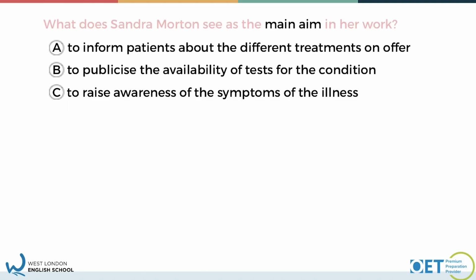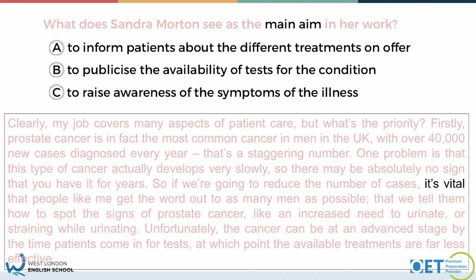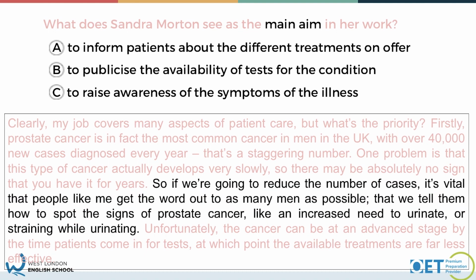See here, the question, what we needed to focus on was the main aim of Sandra's work. That's what we needed to identify. What is the main aim of her work? And she said these two words. She said, "it's vital." And as soon as I heard that again, I knew the answer was coming. So this was quite nicely signposted.